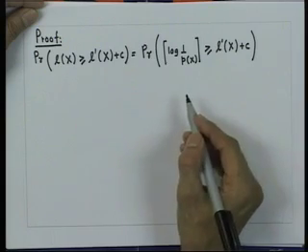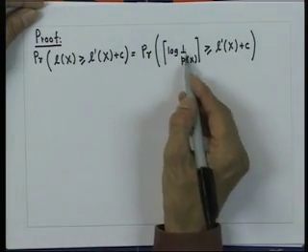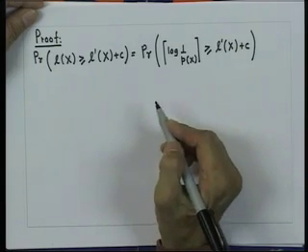This implies this, because the length is given by the upper floor of log 1 by p x for the Shannon code.